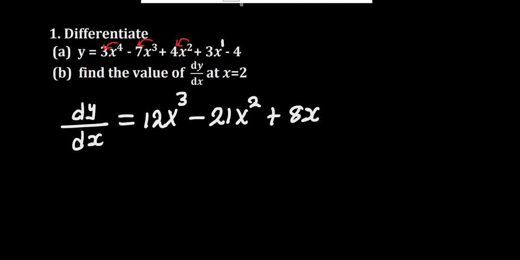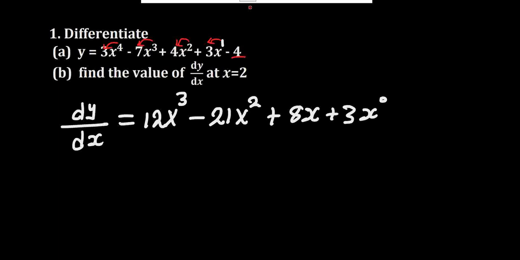So next is for us to, this particular one has 1 over here, so what you have to do, 1 times 3, that gives you 3. So plus 3, and reduce 1 by 1, so that gives you 0. So x to the power of 0. And since there is no x attached to 4, all you have to do is to ignore 4.